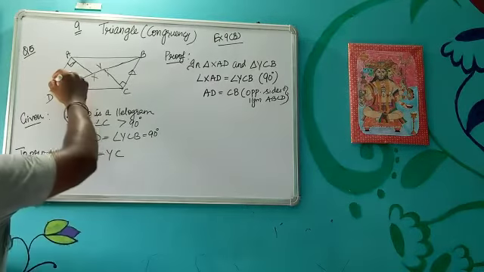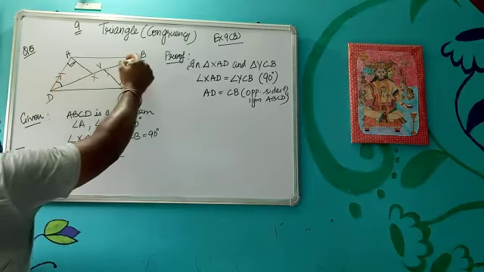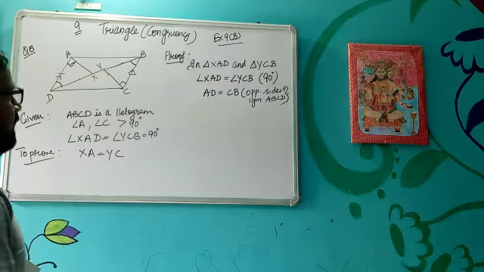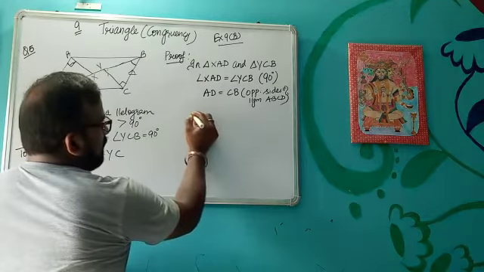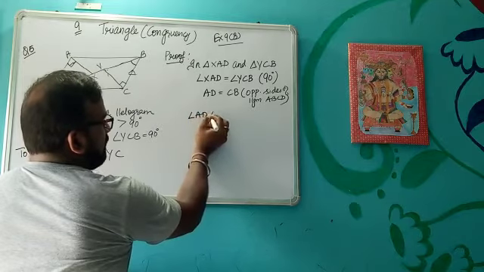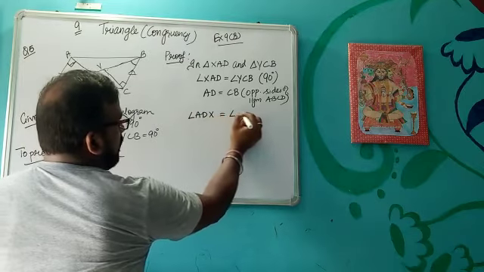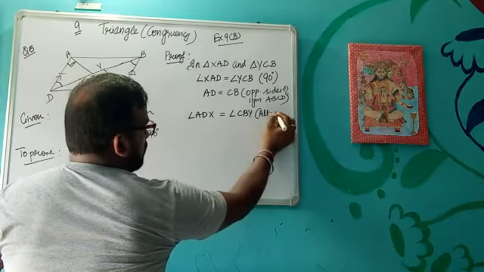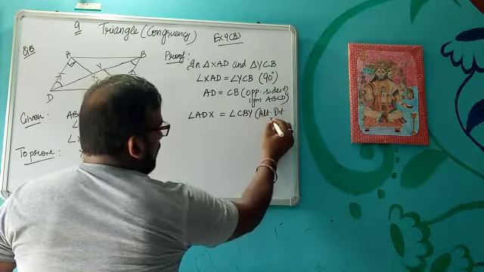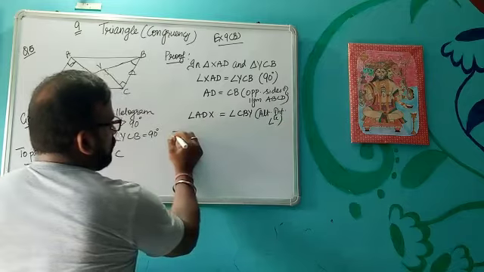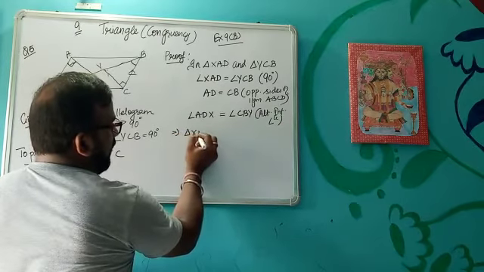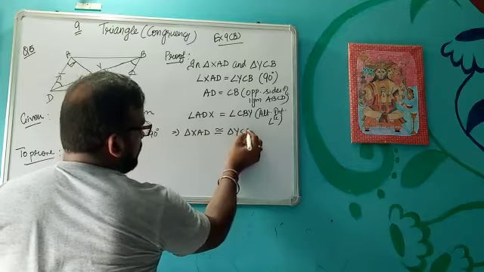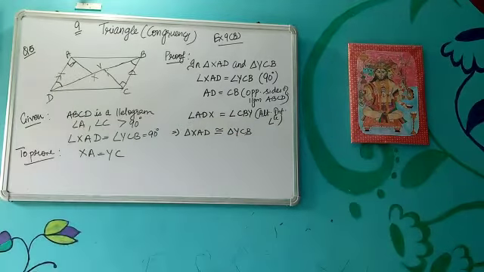Then if you see very carefully, this angle will be equal to this angle, alternate interior angle. So we will write angle ADX equal to angle CBY, alternate interior angle. So this implies triangle XAD is congruent to triangle YCB, and which criteria we have followed?